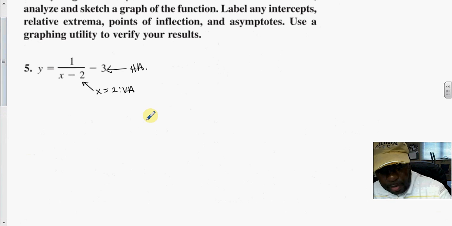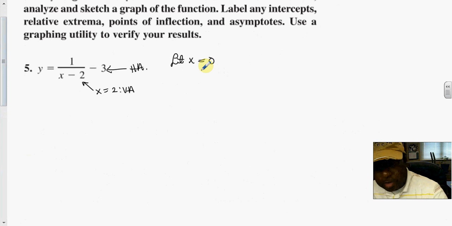So with that, if you let x equal to 0, then we have y is equal to 1 all over -2 minus 3.